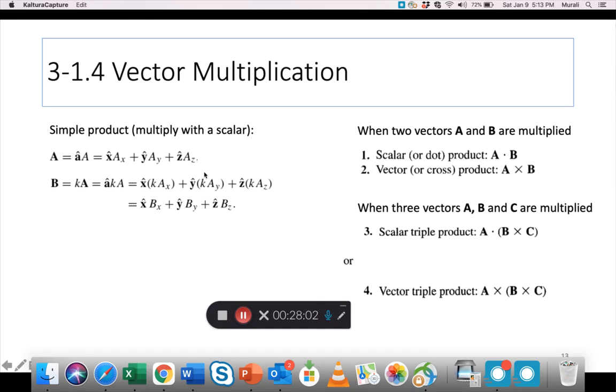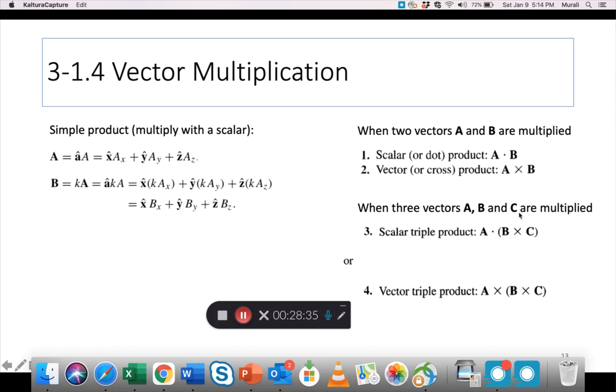So that's one multiplication. Now when two vectors, A and B, are multiplied, you have two types of products. One of them is a scalar product, also called a dot product, where you put A dot B. Another type is called a vector product, or a cross product, where you put A cross B. Okay, so these two types are important and we'll spend some time learning more about them.